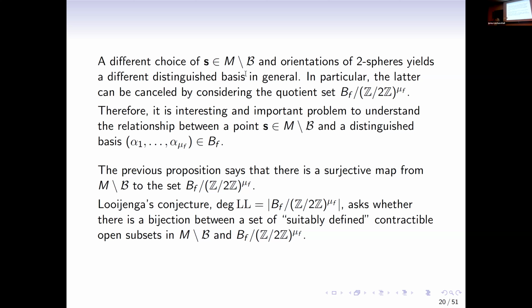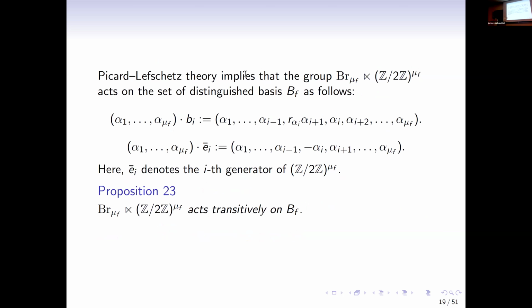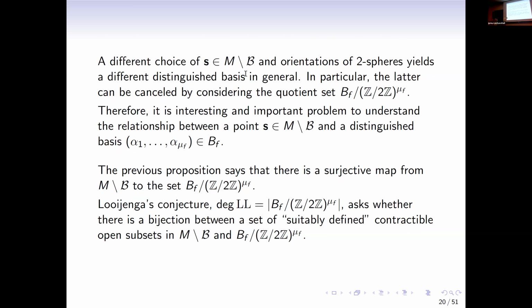And the previous result, this transitivity of the braid group of reflections, gives a surjective map from this space to this set. And Ryan conjectured that the cardinality of this set should be equal to the degree of the Ryan map.